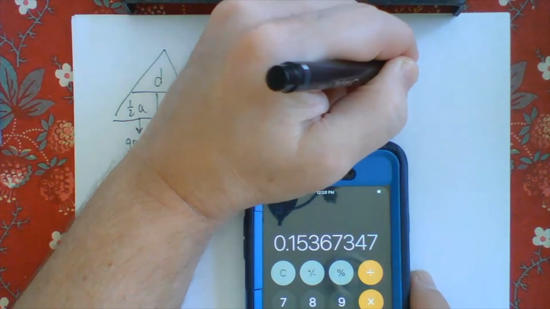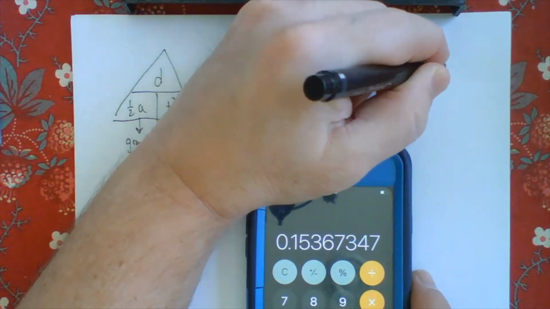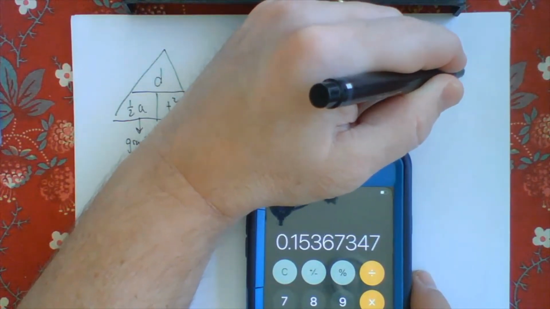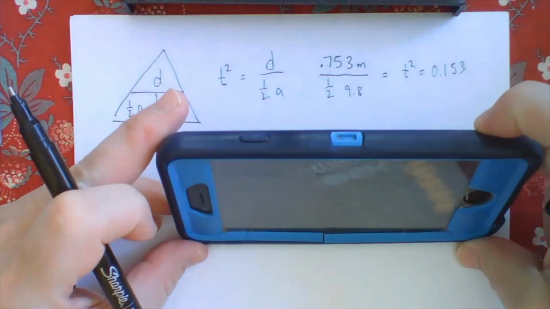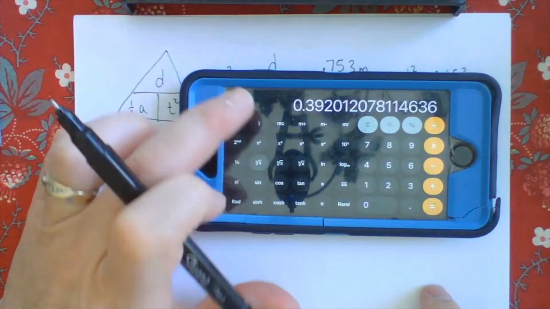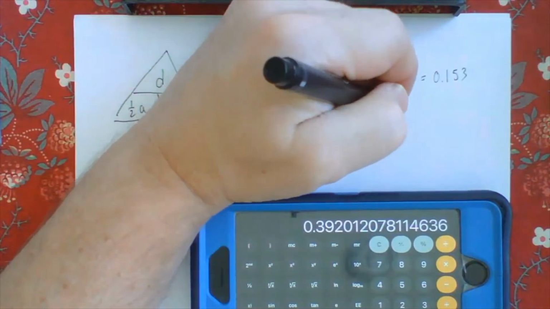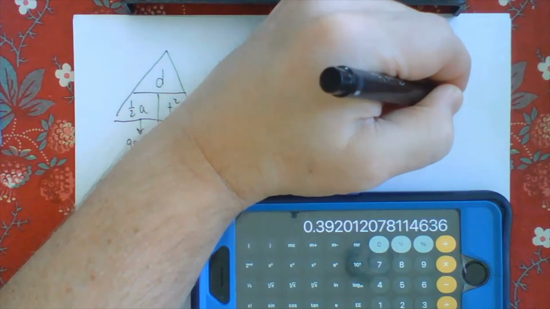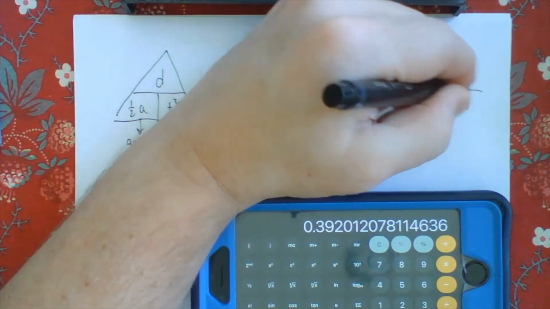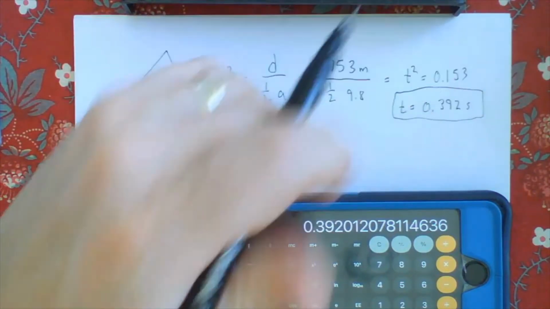So time squared is equal to my 0.153. So I have to square root that. So I'm going to go ahead and do that square root. So that really my time in the air is 0.392 seconds. So that's my time that I spent in the air.